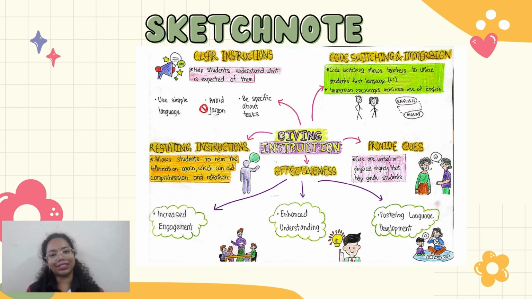Next, fostering language development. This is another important aspect of Teacher Wall's teaching: how he fosters language development. By encouraging frequent repetition of vocabulary and phrases, he helps reinforce the language being taught.